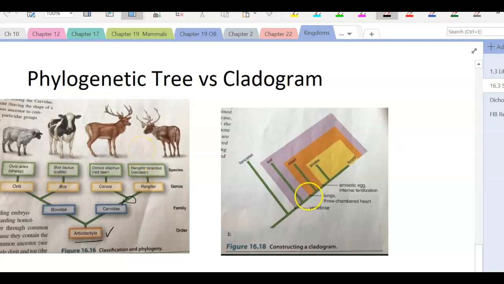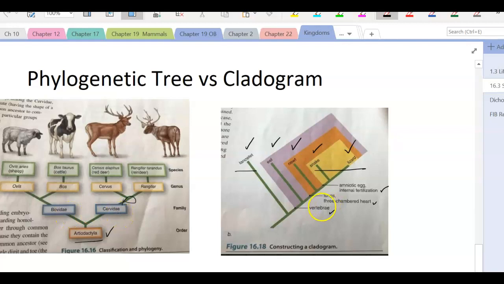Now, a cladogram does the exact same thing. A cladogram tells you about different categories of organisms, but a cladogram also tells you which evolved earliest and which evolved latest. But the cool thing about a cladogram is it also gives you a reason why the branching occurred. There are no reasons here. We just had to kind of look at the pictures. And I read in your book that Bovidae do not have antlers and Cervidae do.